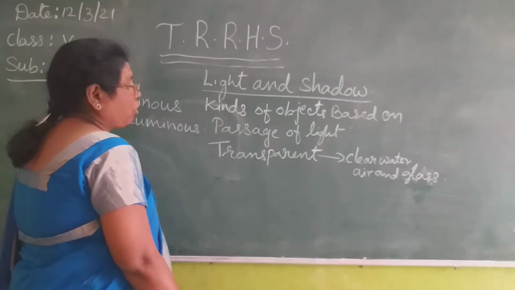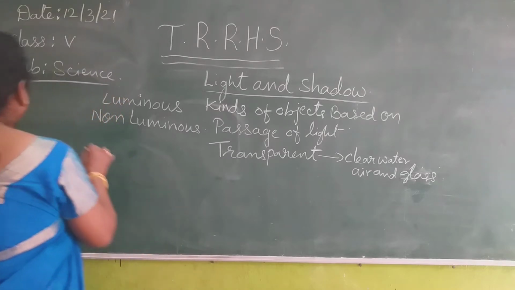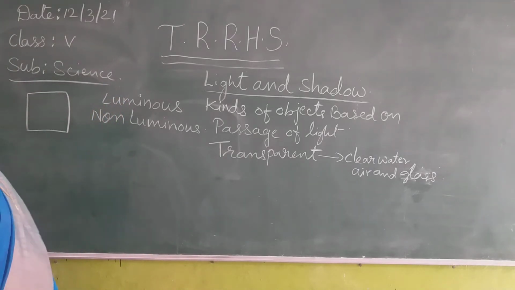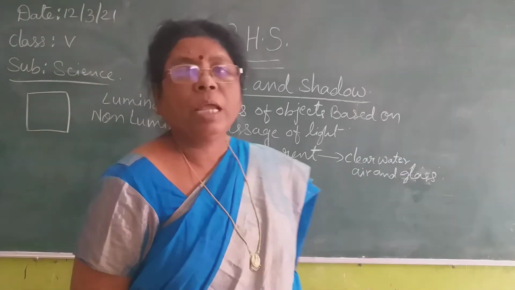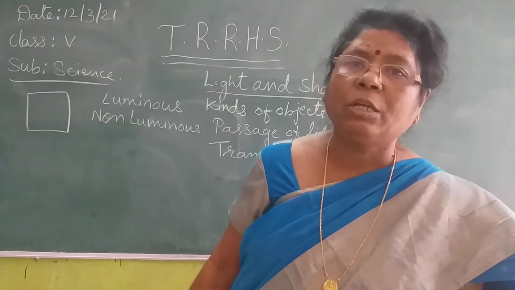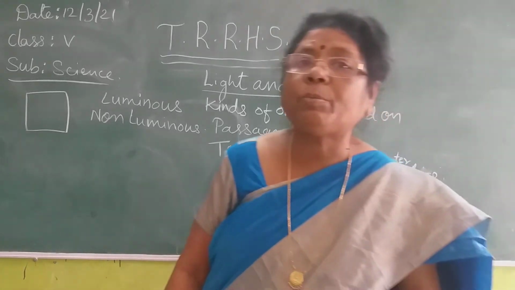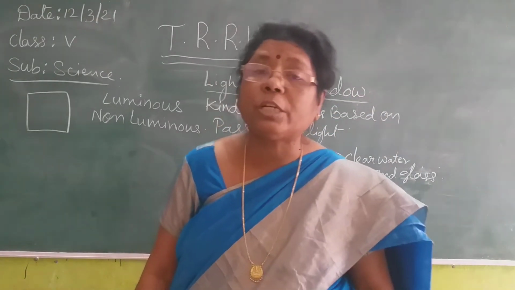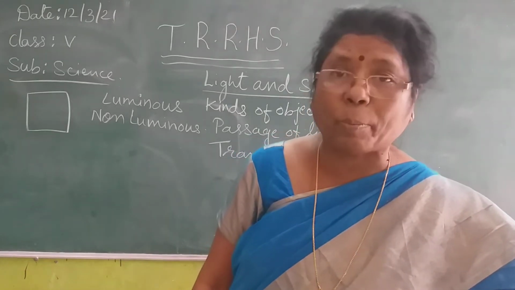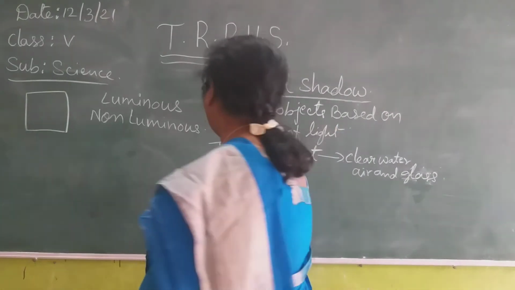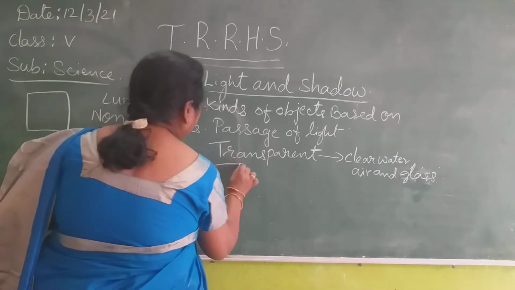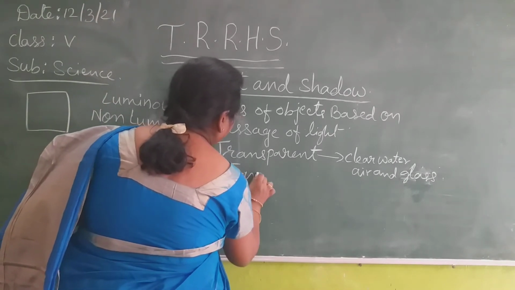Now take a sheet of paper. Put a few drops of oil on the paper and rub it thoroughly. What happens? The light passes partially. You will not see clear images. Such objects are called translucent objects.